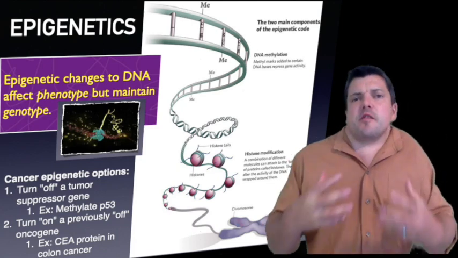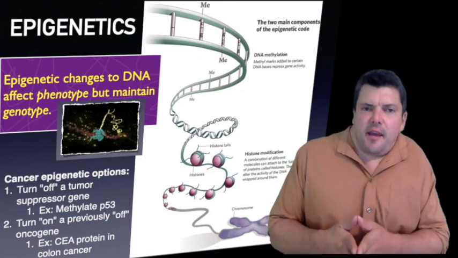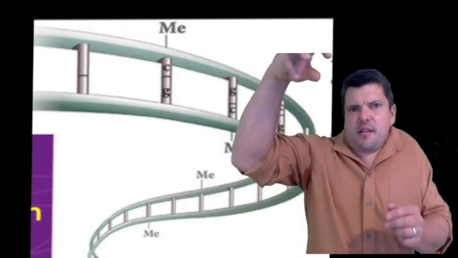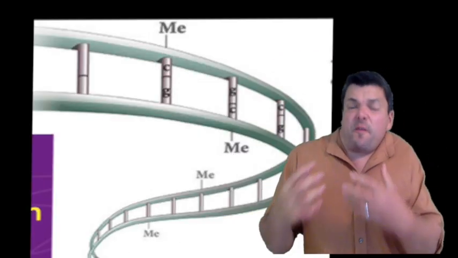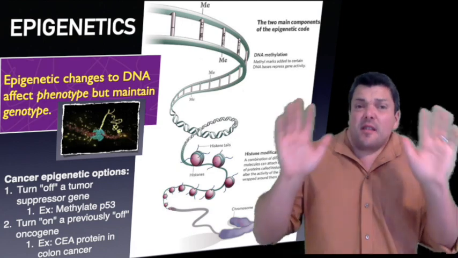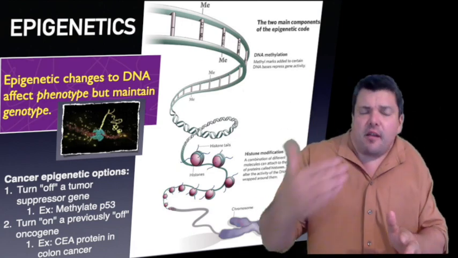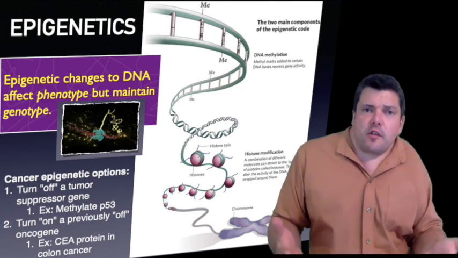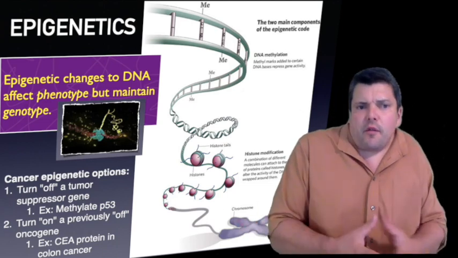The first one is the use of methyl groups attached to cytosine on DNA. If you look at the picture, you can see the little Me symbol attached on the outside of the DNA. The effect of this is essentially to stop or halt transcription at that point on the DNA. If you halt transcription, you don't get proteins. You're essentially turning genes off in that way.